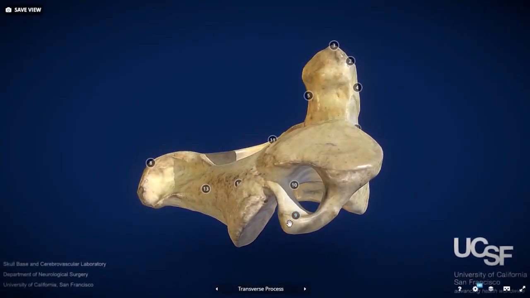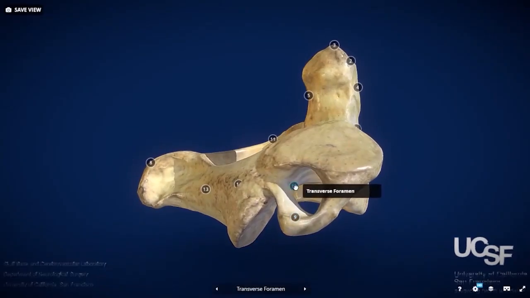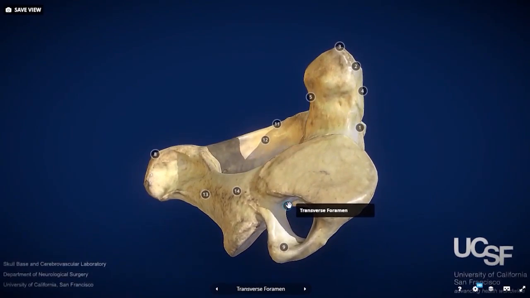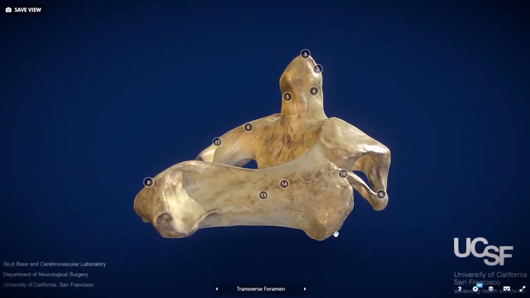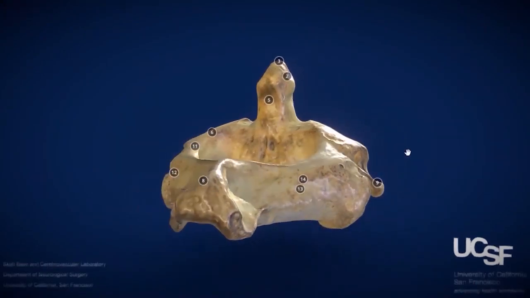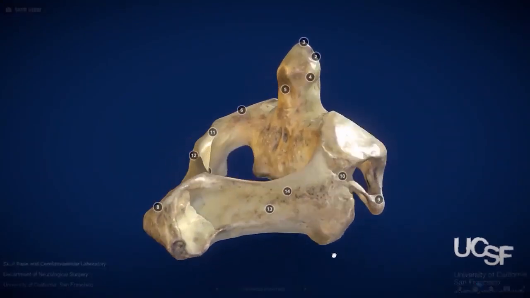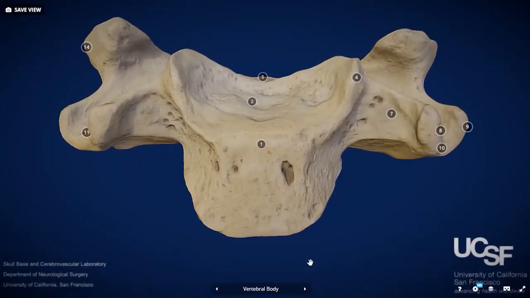Medial to the transverse process, we have the transverse foramen, which is the place in which the vertebral artery is going to follow a medial lateral angle, and it's going to travel towards the most superior transverse process of C1.